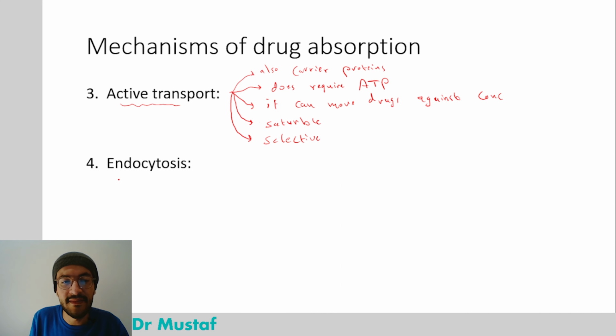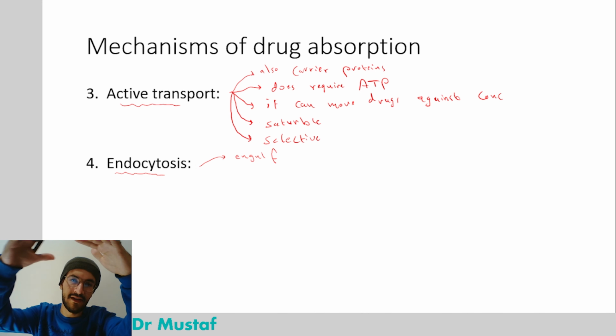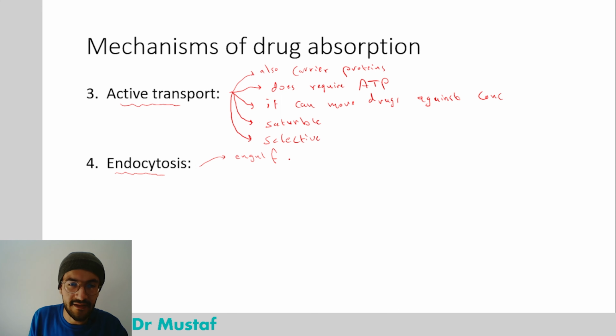The final mechanism is endocytosis, and that involves engulfment of the drug by the cell membrane. So basically the cell membrane would engulf the drug and take it into the cell.